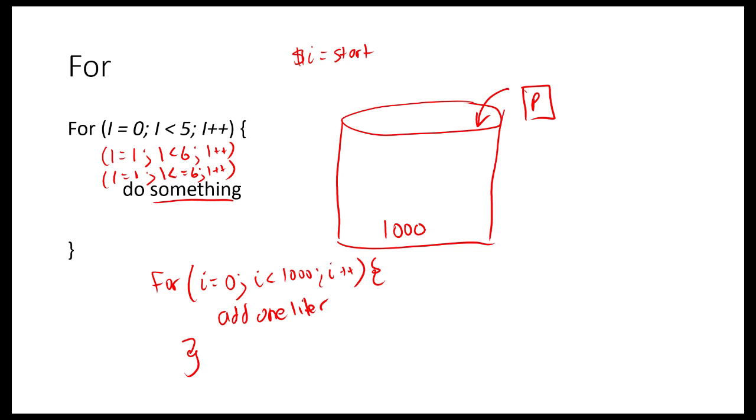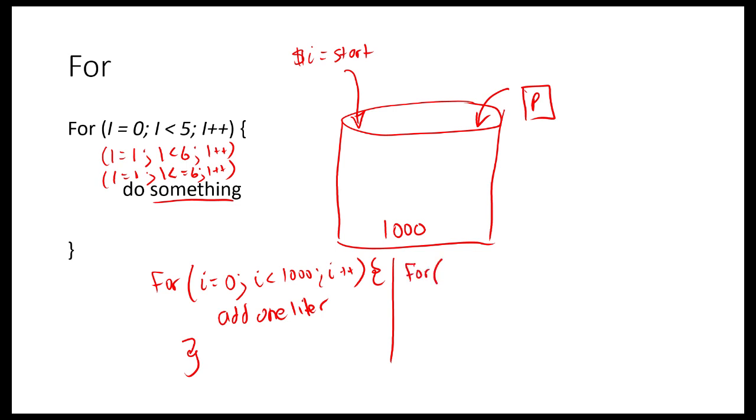So this will just run, but I might not want to do that. I might say, hey, let's measure the water. So we might not want to start at 0.